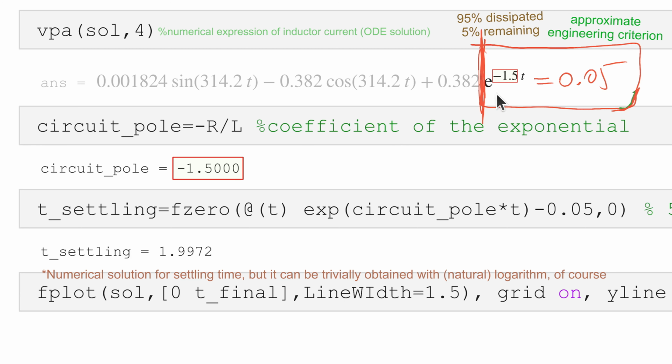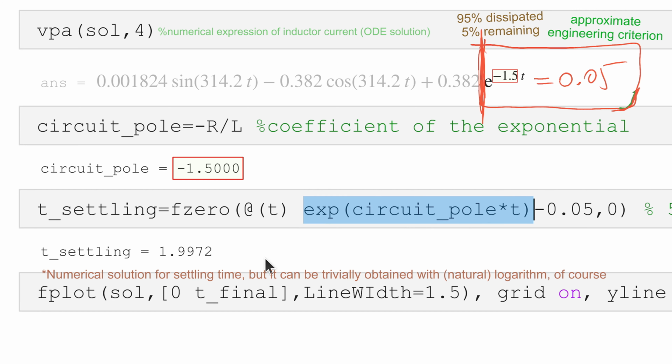When this exponential takes the value 0.05, this component will have lost 95% of its importance, of its contribution to the time response. So if I equate this exponential to 0.05 and numerically solve, I get 1.997.